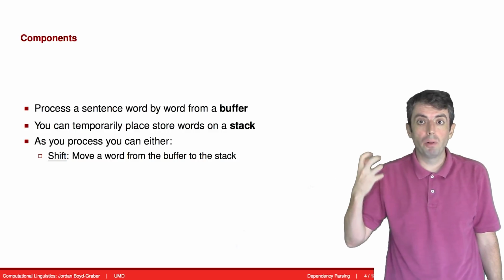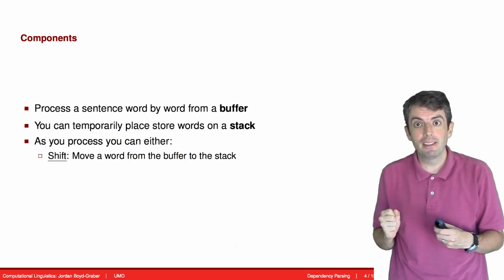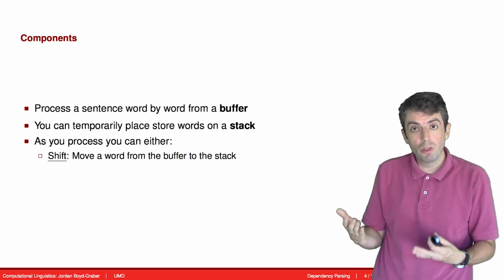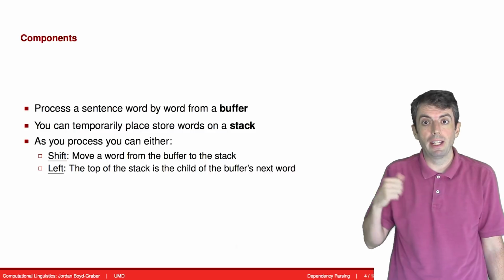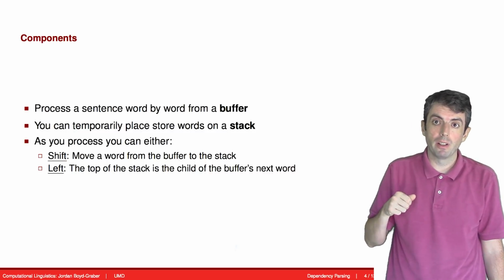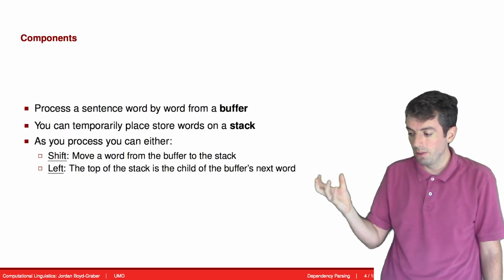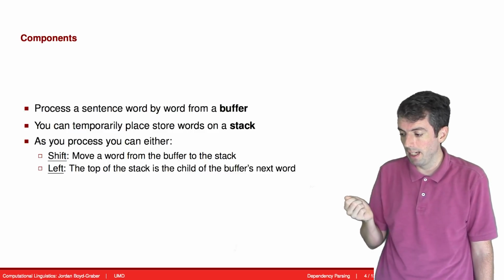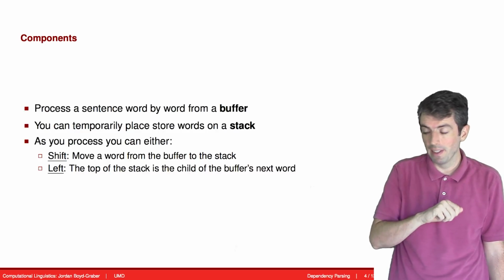You can also put in edges. And so you want to build a dependency graph completely, so you're going to have to add some edges. And the two ways that you're going to do that are, first, you can create a left edge. So an edge going from a word further to the right of another word, so an edge going to the left. And you do this by creating an edge from the top of the buffer to the top of the stack.